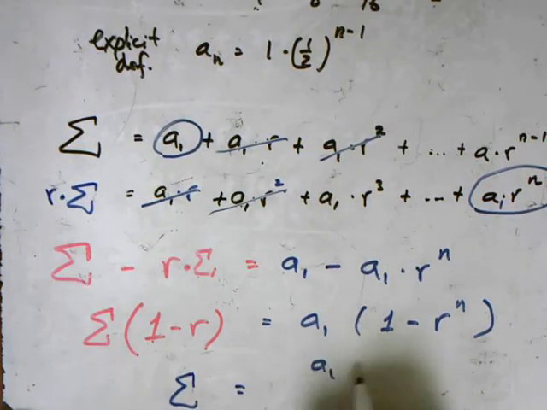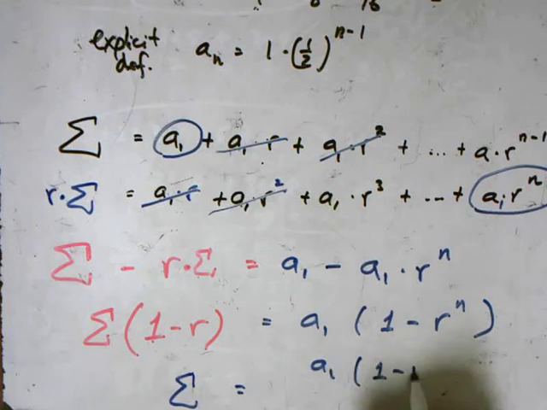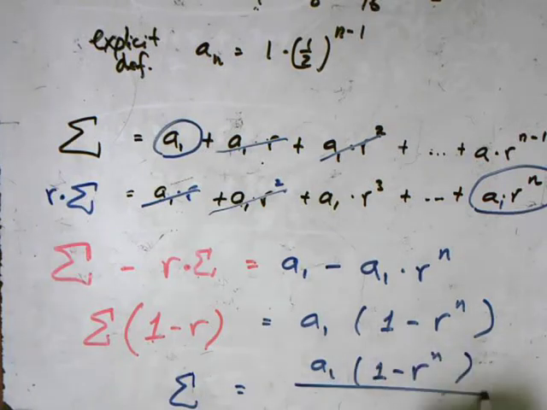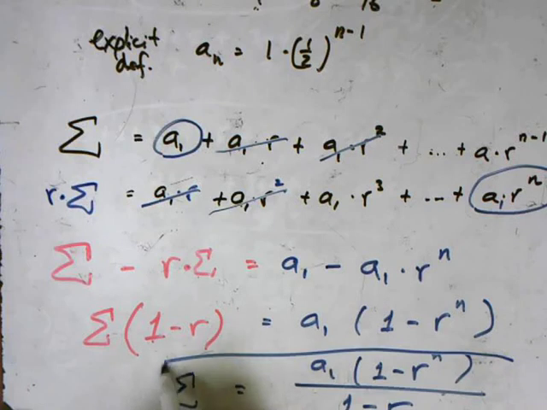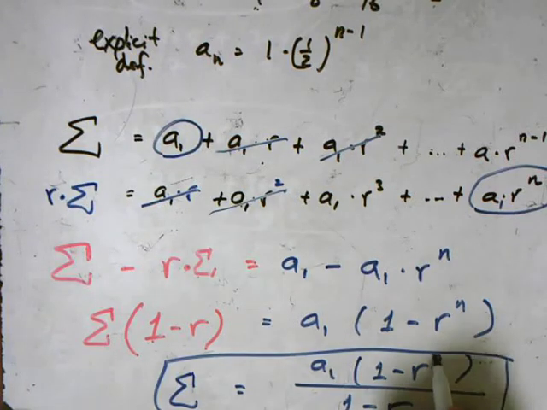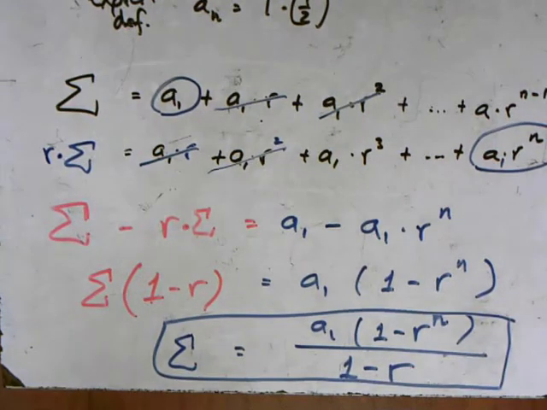So I get a sub 1 times 1 minus r to the n, all of it divided by 1 minus r. And this right here is the sum of a finite geometric series. We'll see a couple more examples where we can just use this formula right away instead of doing the repeated addition.